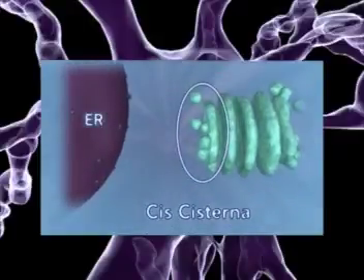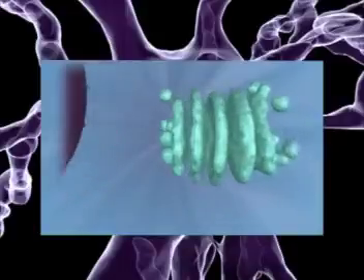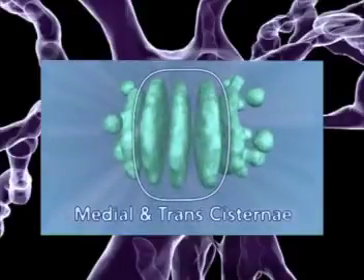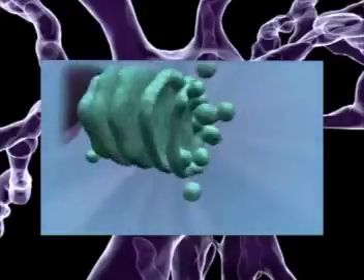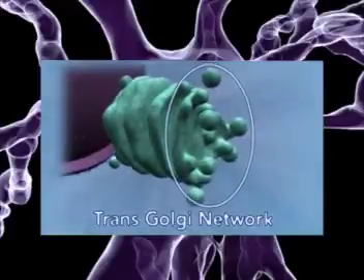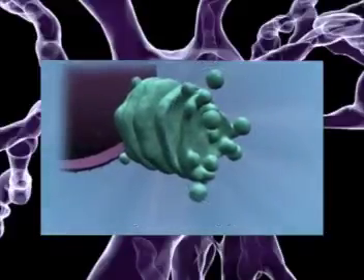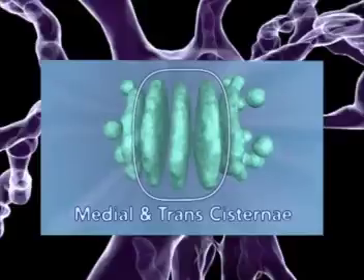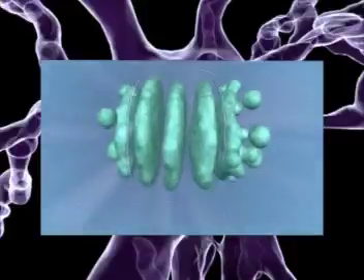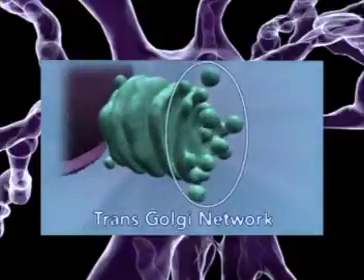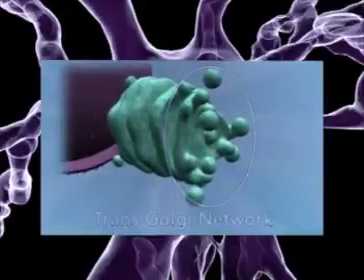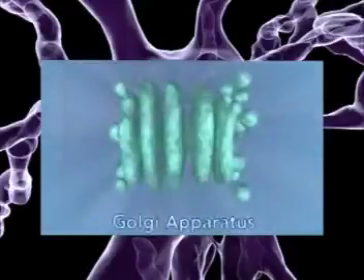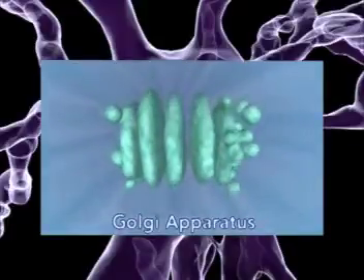The cis face of a Golgi stack is the end of the organelle where substances enter from the endoplasmic reticulum for processing, while the trans face is where they exit in the form of smaller detached vesicles.